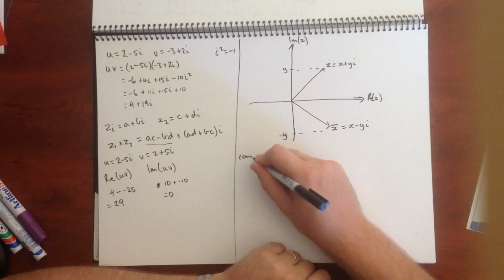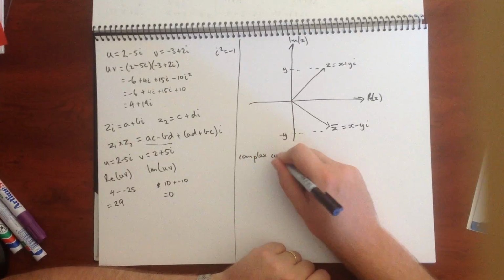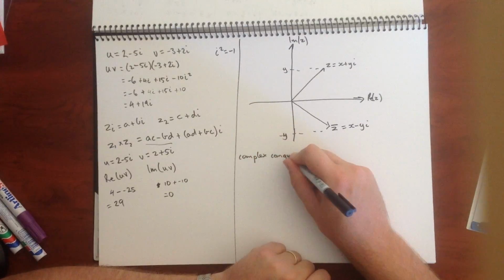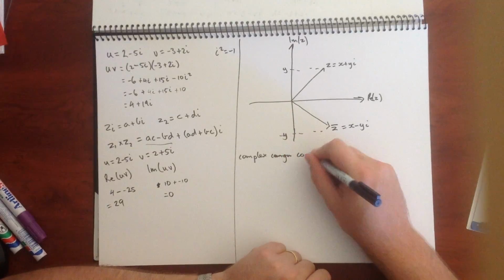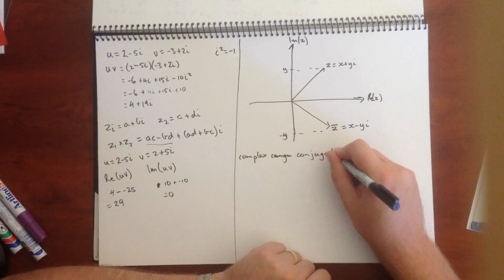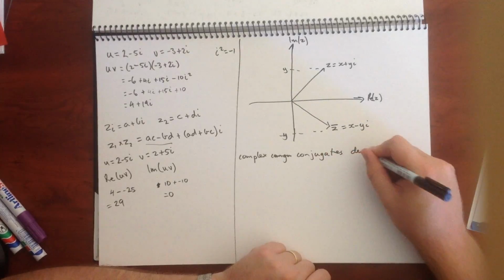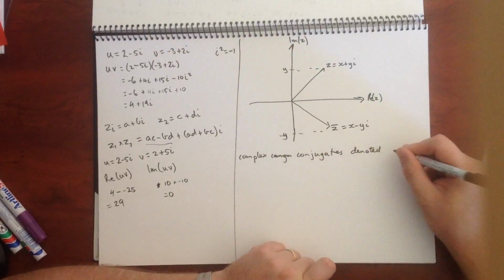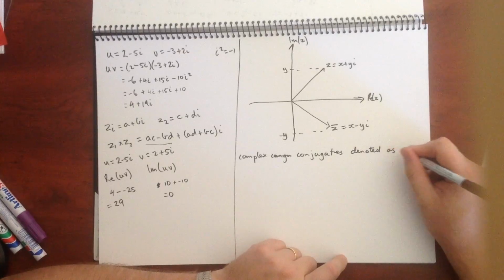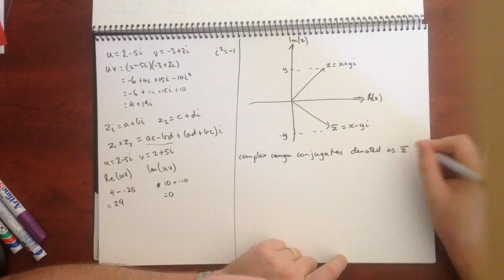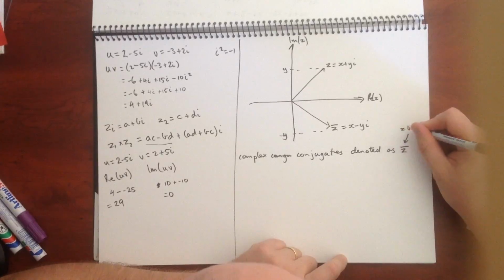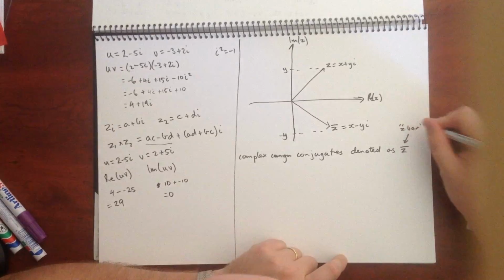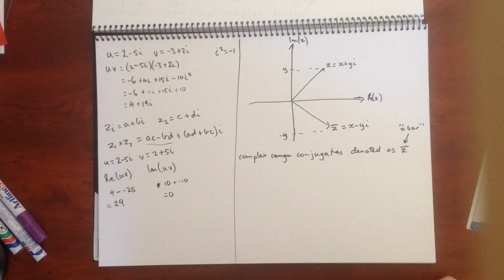The complex conjugate is denoted as z bar, so read it as z bar.